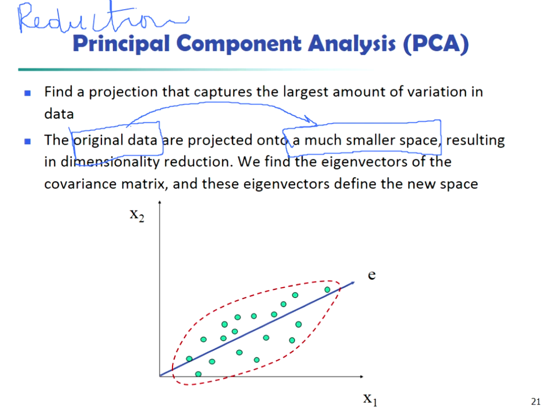We find the eigenvectors of the covariance matrix, and these eigenvectors define the new space. For example, we have here a space with 2 dimensions, x1 and x2, and when we use PCA, we will use only 1 dimension, E in our case. Any questions?